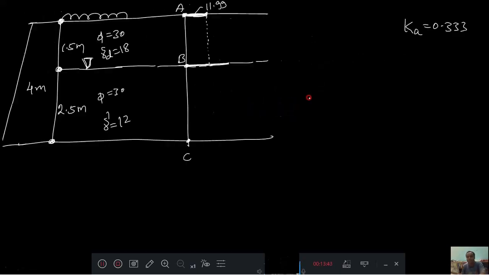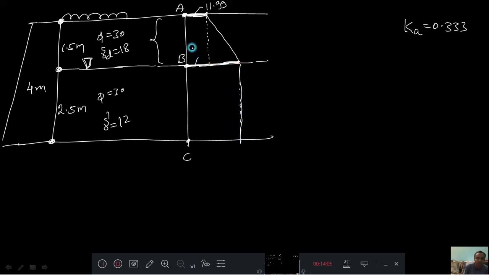Now I will mark this here. This is over. Actually, now look here. The very interesting thing is that this soil acts as a surcharge for the bottom soil. Therefore, I will make a straight line. I don't calculate this one; this is already known to me.